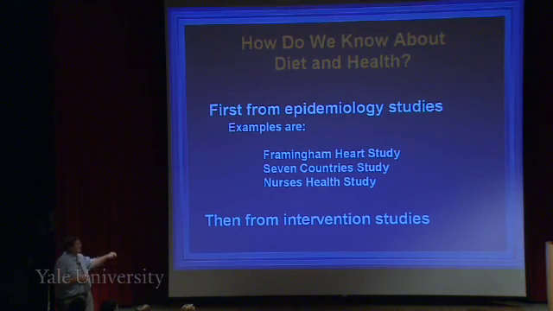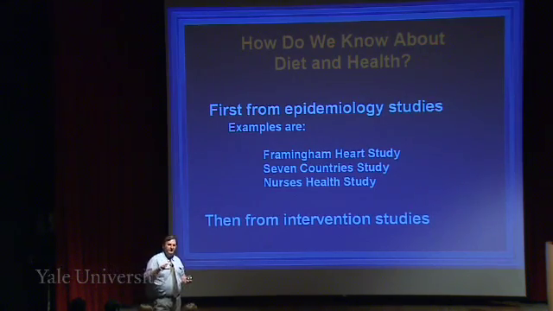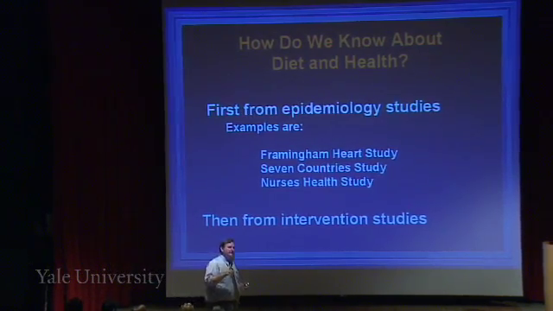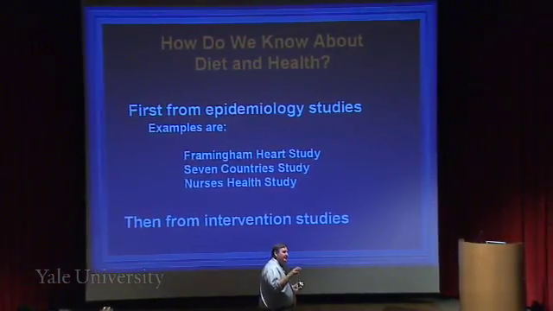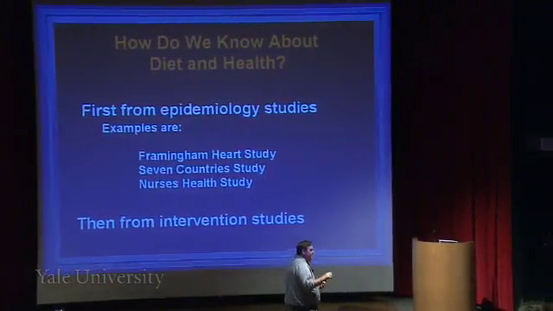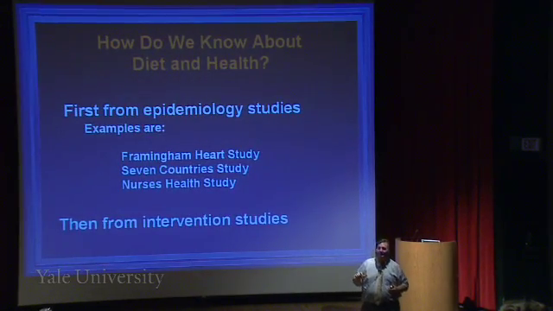The epidemiology studies are observational studies. You're not intervening with people, you're observing usually large numbers of people in a population. You measure health, and you measure a factor like diet. You measure other factors that might be related as well, such as exercise or smoking, or other things that are relevant.